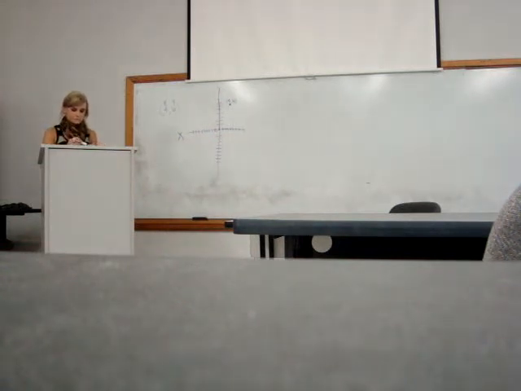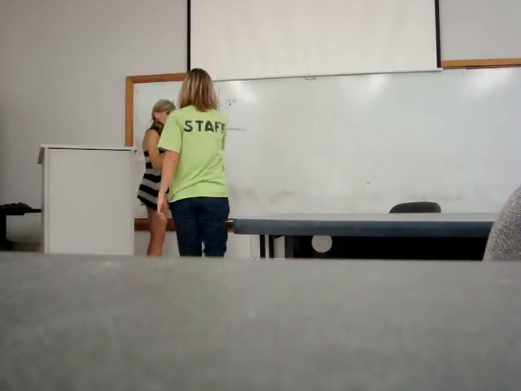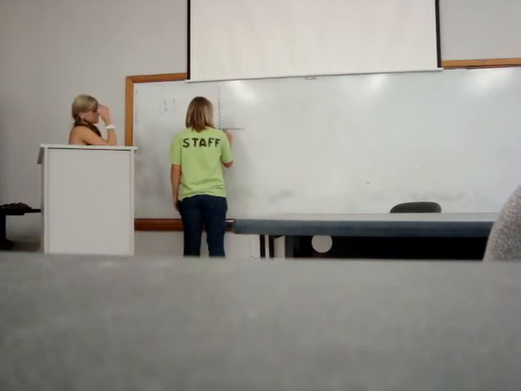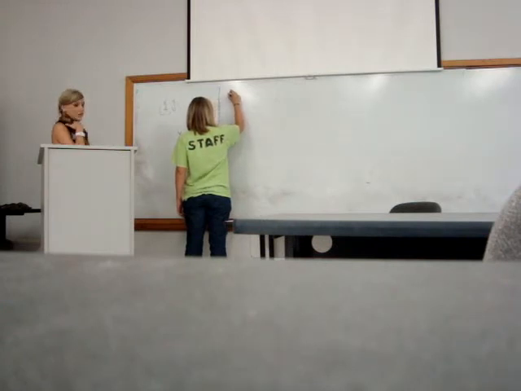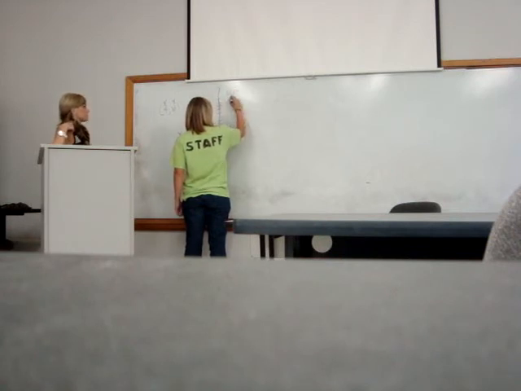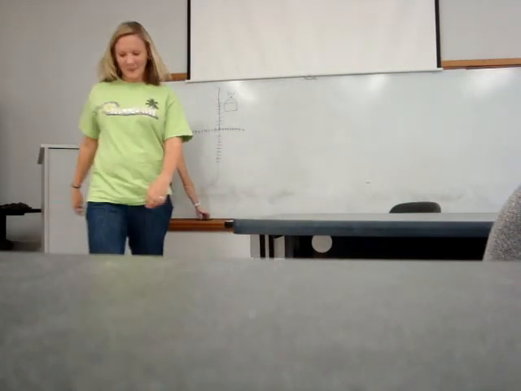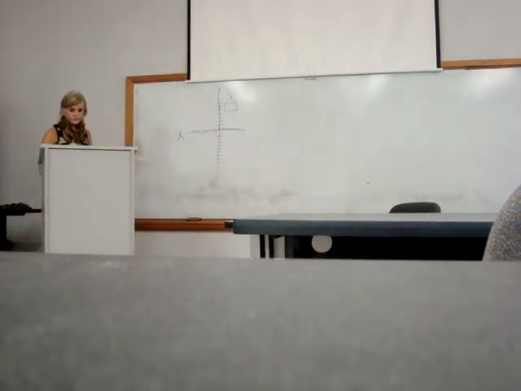Yes. Perfect. And make sure you write your coordinate down. Do you want me to draw the house? Yeah, you can draw the house to show. Good. Perfect. That way you can all see exactly what it means to have the point as a roof.